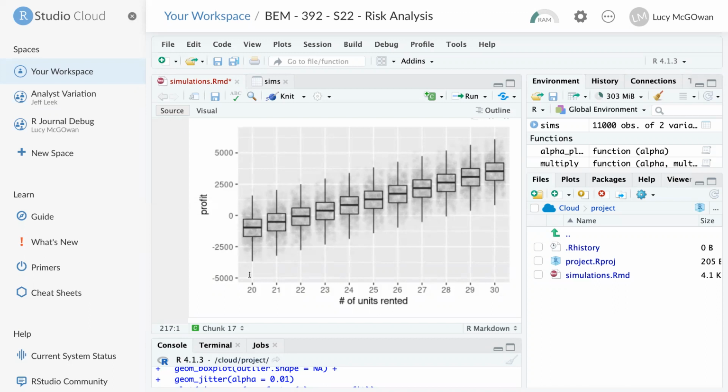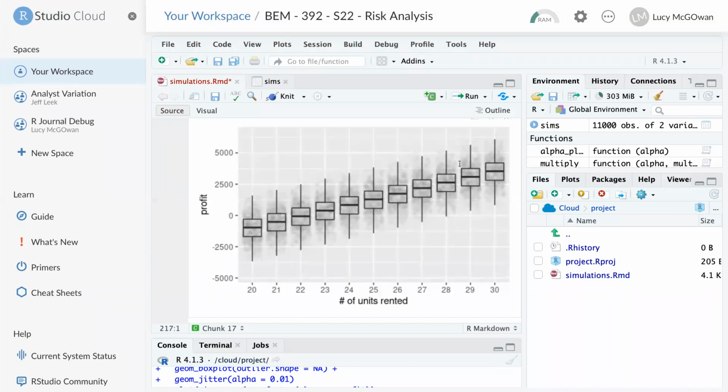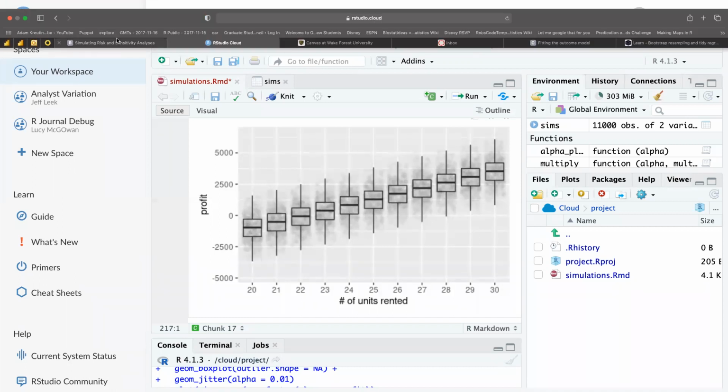And so looking at this sensitivity analysis, I would assess where I'd want to feel confident in order to feel like I can actually make this investment. So I'm going to say that I probably want to be pretty sure that I can rent at least like 26 units before I'd be willing to make an investment like this. So this gives you a visual depiction of the risk involved depending on this particular parameter, in this case, U.